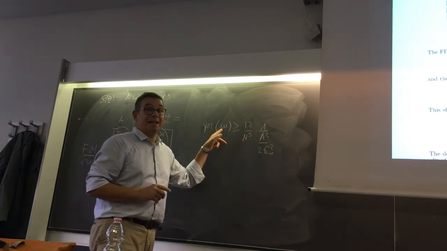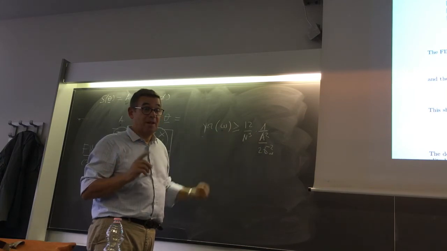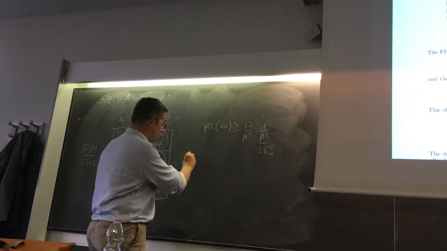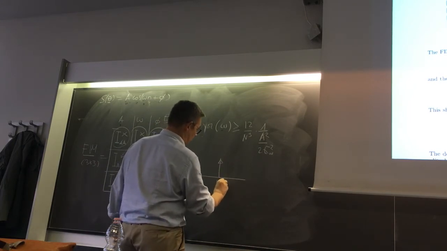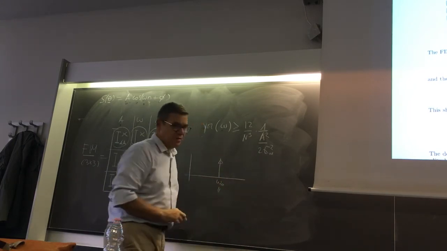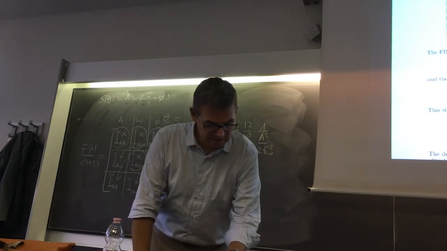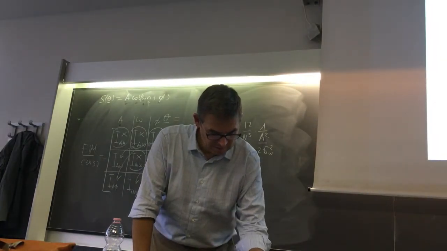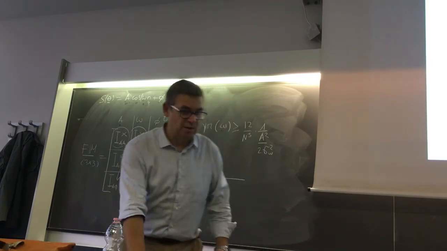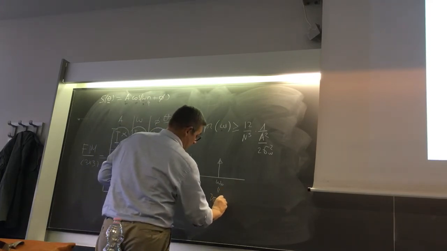This omega is a normalized omega. So in our problem, we were looking at the signal where omega 0 was the frequency, one megahertz. Okay? So omega 0 was 1 megahertz.